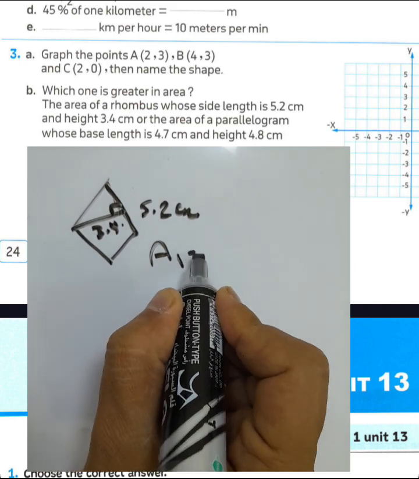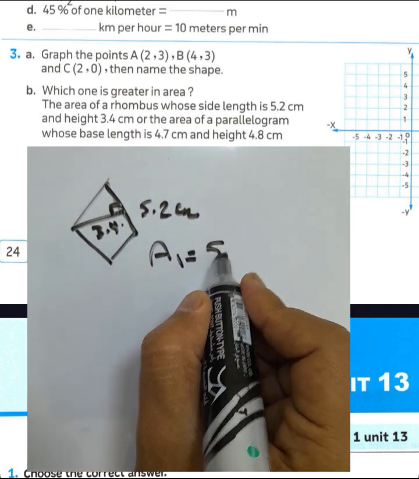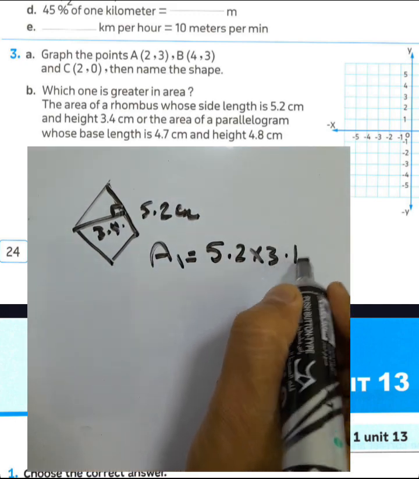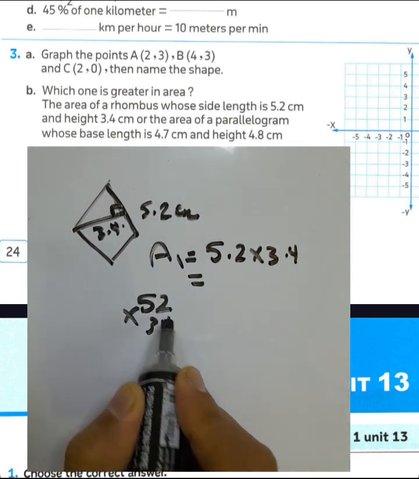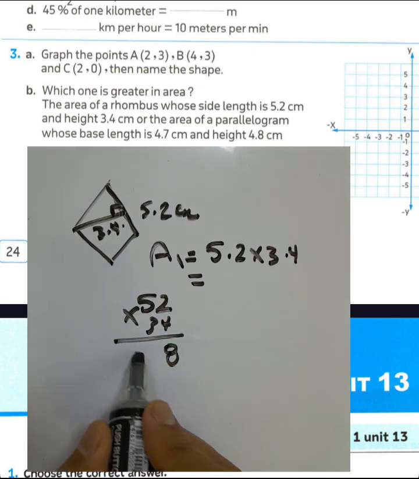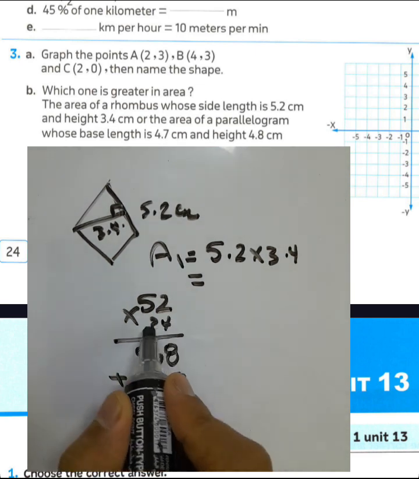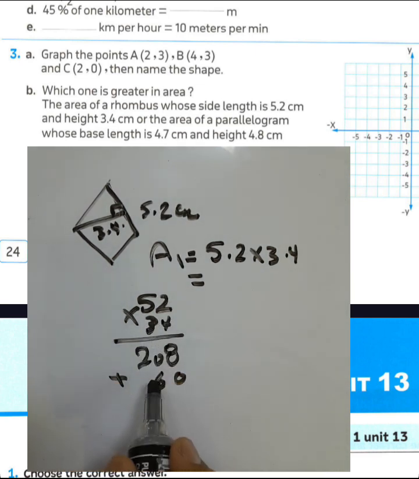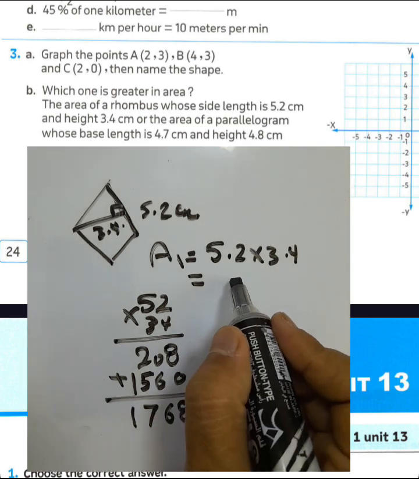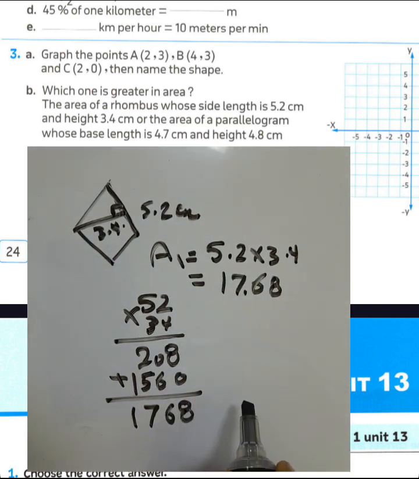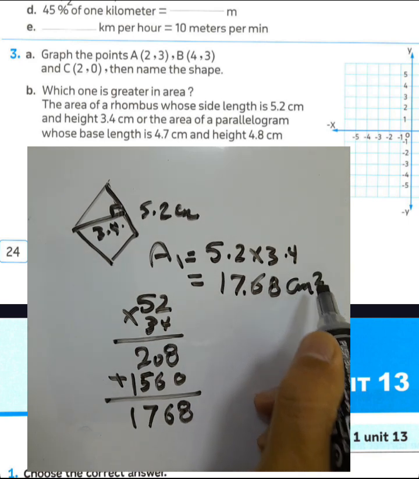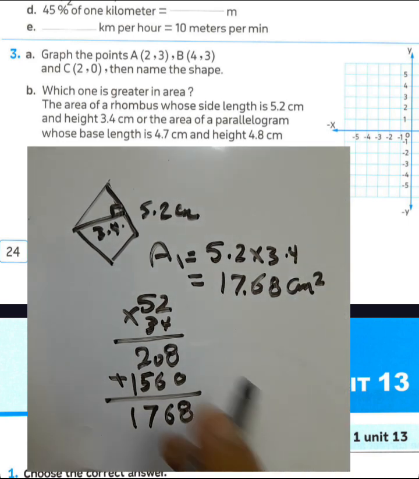We can find the area of this rhombus. 5.2 multiplied by 3.4, so 52 times 34. 2 times 4 equals 8, 4 times 5 equals 20, plus 100, 0, 2 times 3 equals 6, 3 times 5 is 15, and then you can add them. 6 plus 0 is 6, 2 plus 5 is 7, and put 1. And the point will be after two places.